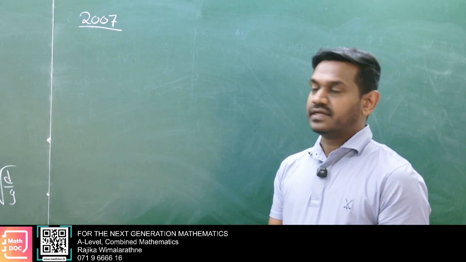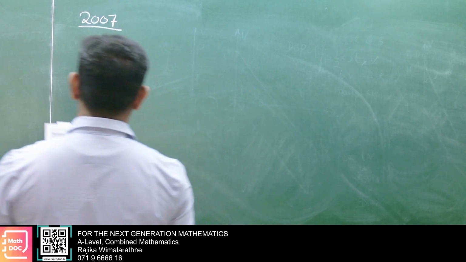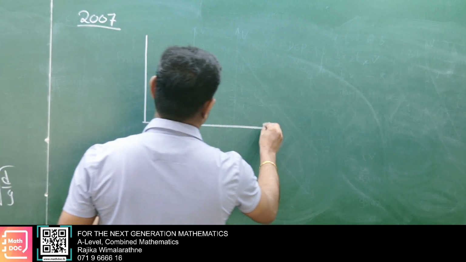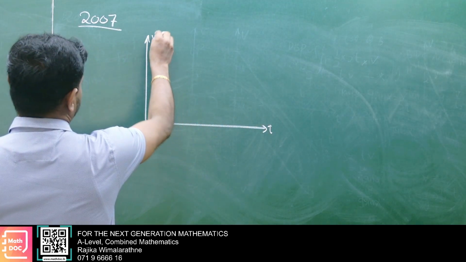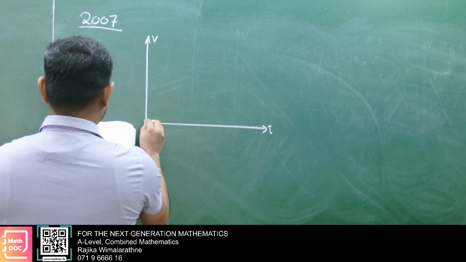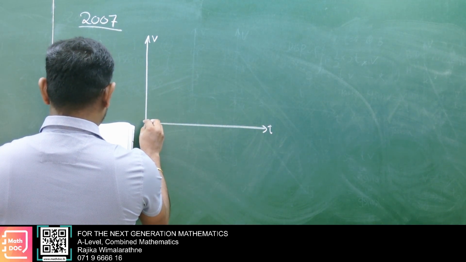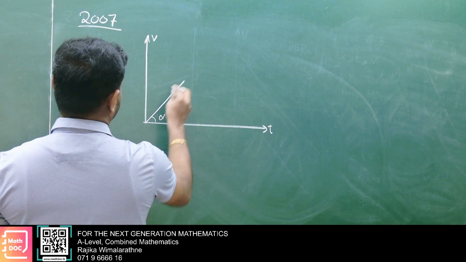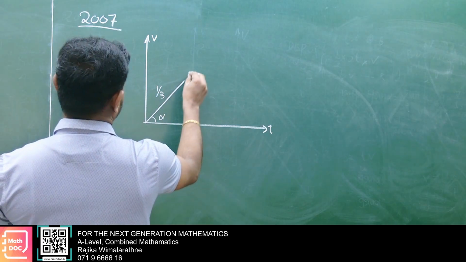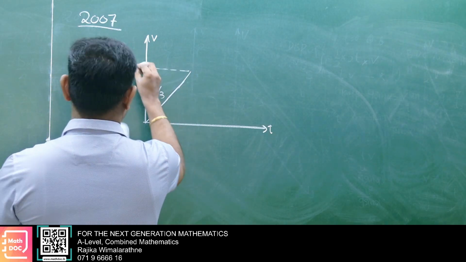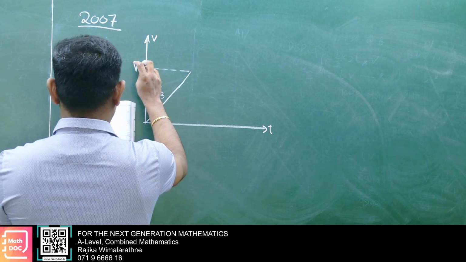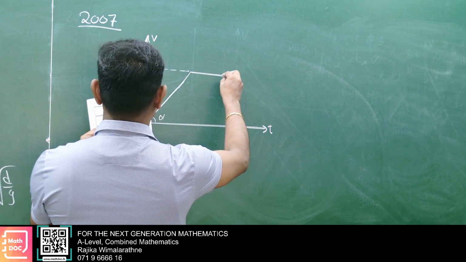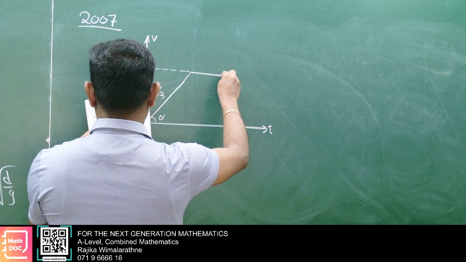2007. Here, velocity-time graph: start from rest, moves with constant acceleration 1/3, alpha 1/3, reach velocity v, and then constant velocity, then finally retardation 1.